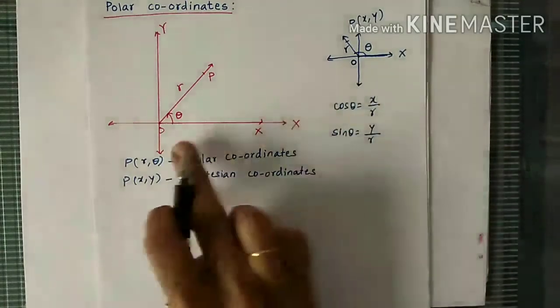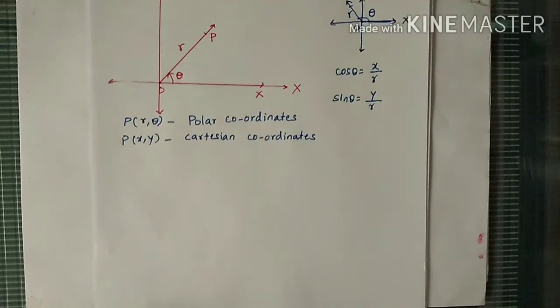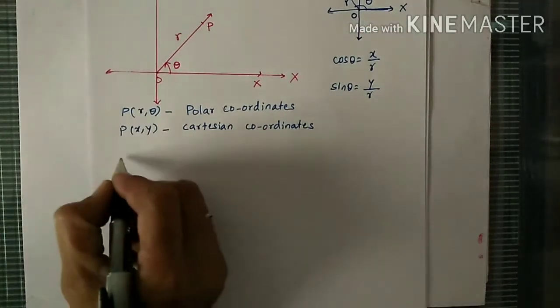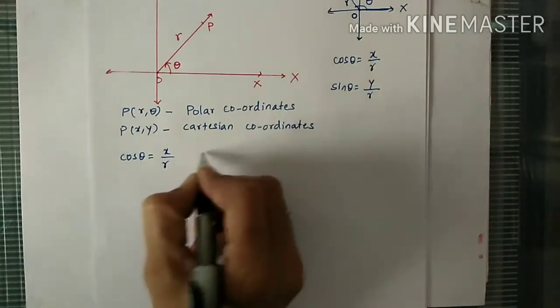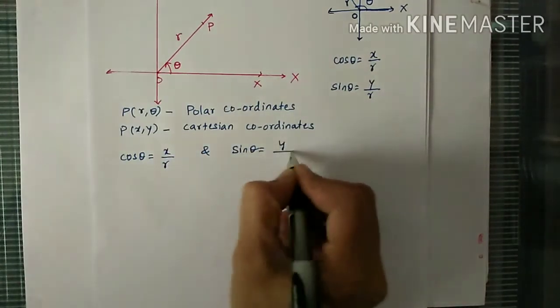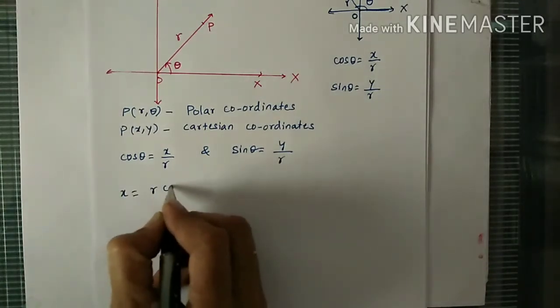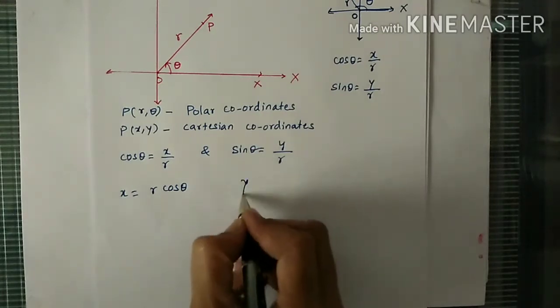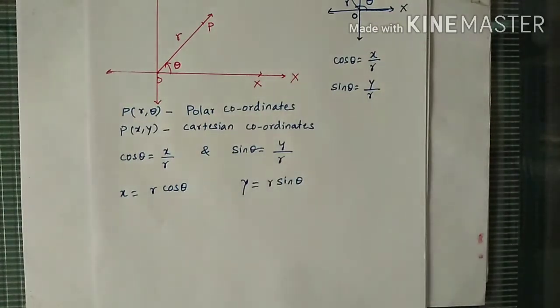So this diagram and this diagram both are the same, so we have the same definition. Therefore cos theta equals x upon r and sin theta equals y by r. So cross multiplying we get x equals r cos theta and y equals r sin theta.